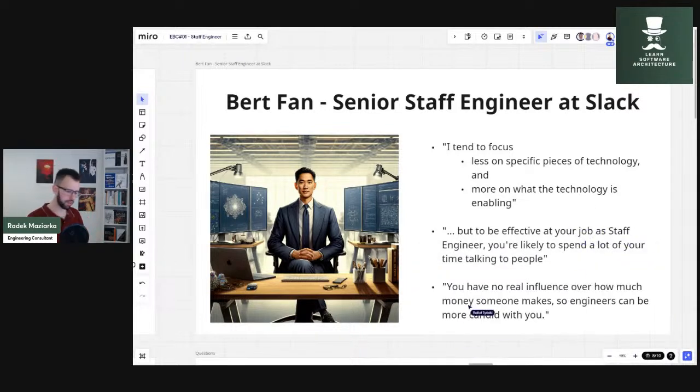And the last quote from Bert is that you have no real influence over how much money someone makes, so engineers can be more candid with you. And this is 100% true, and I feel the same when I join different companies as a consultant, because people are much more honest, much more candid with me, because I'm helping them, but I'm not measuring them.